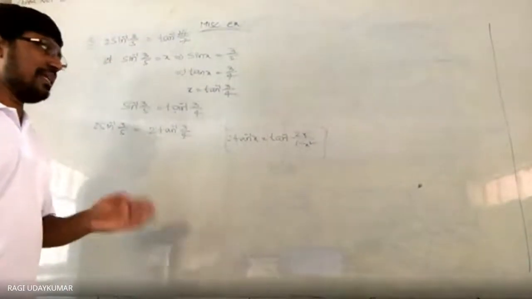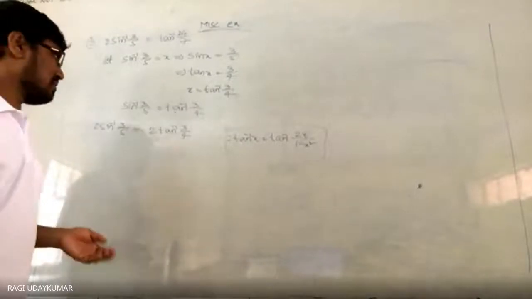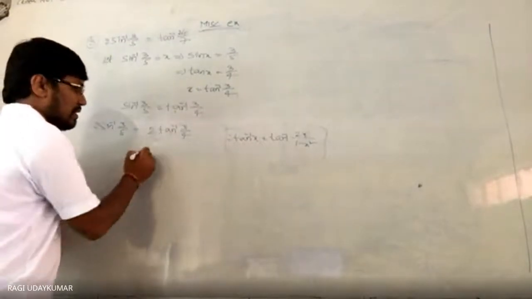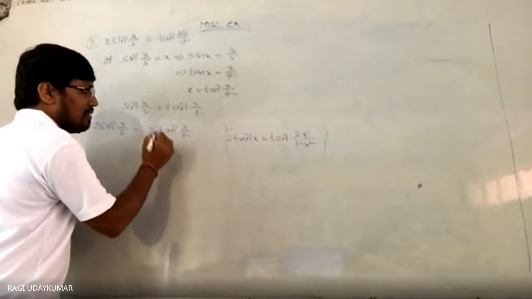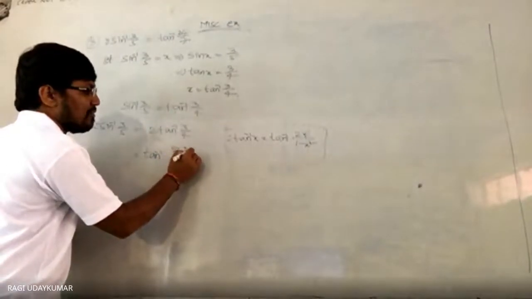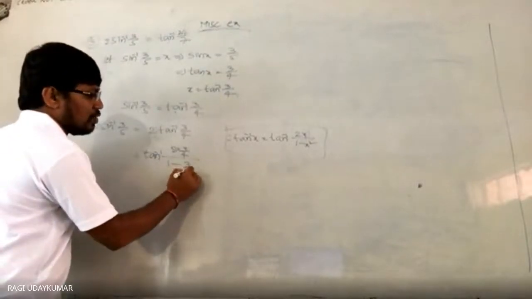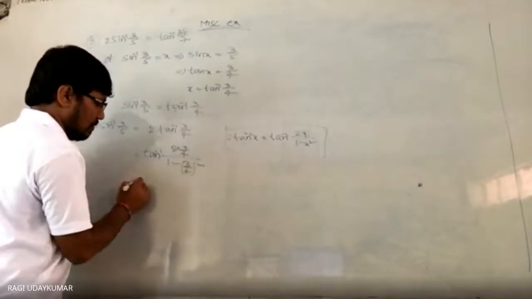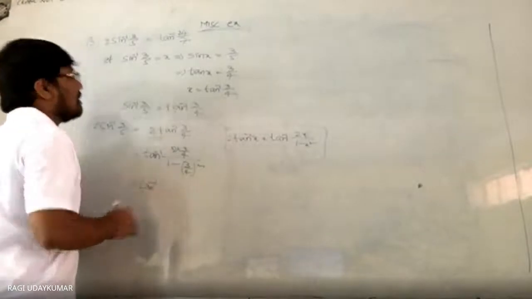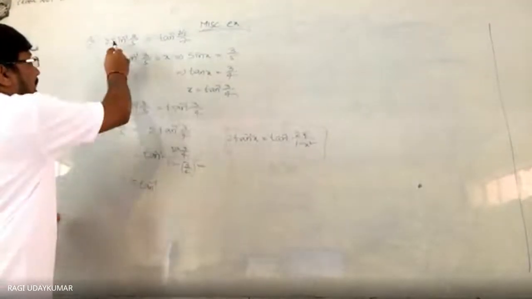2 tan inverse x is equal to tan inverse of 2x by 1 minus x square. So if you use it here, this can be written as tan inverse of 2x, 2 into 3 by 4, by 1 minus x square, 3 by 4 whole square. Because it is sine, it should be expressed in terms of tan.